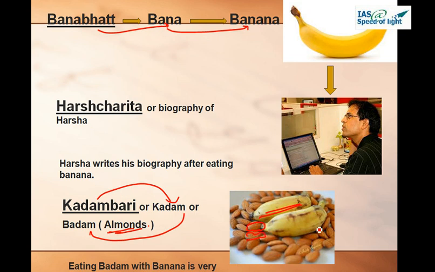So Bana Bhatta becomes banana, and two books we are relating: Harsha Charitra, the biography of Harsha, and second is Badam. Kadam becomes Badam. So for Kadambari, our picture is of Badam. Badam is almond. So eating banana with almonds is very good for health. Let's go ahead now.